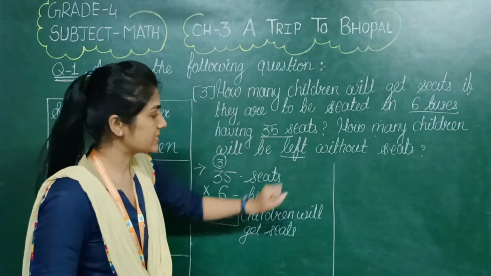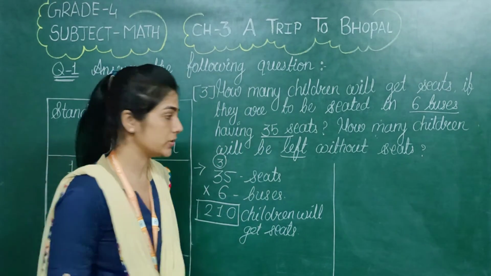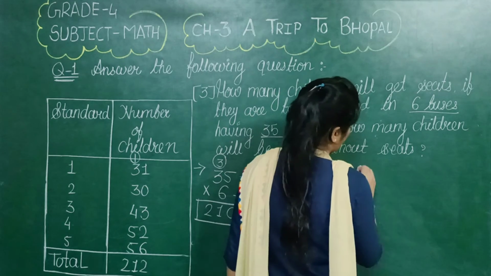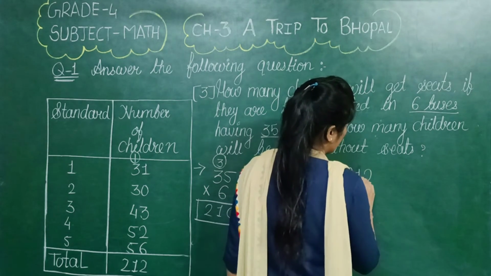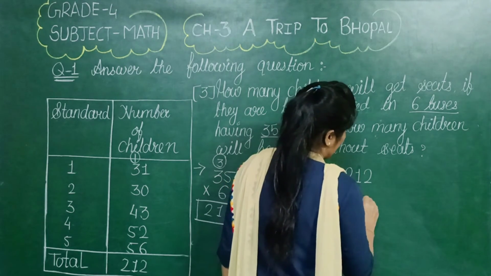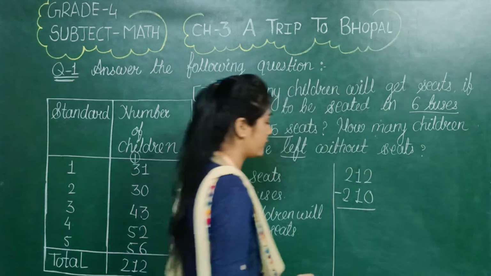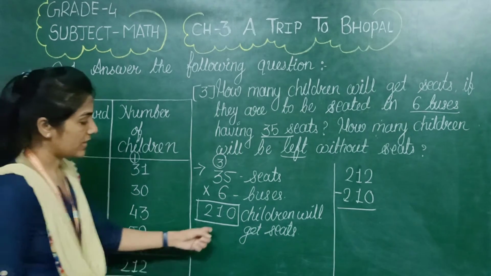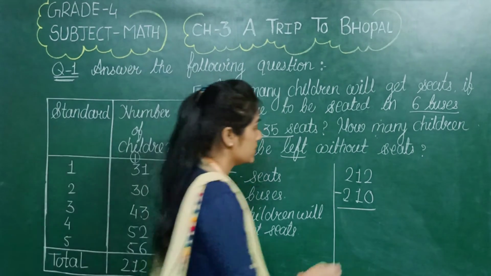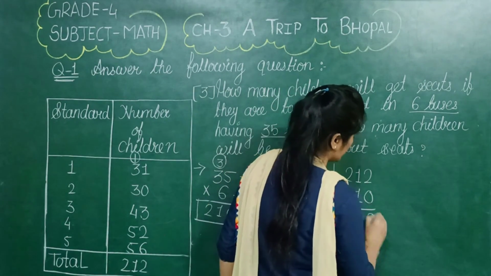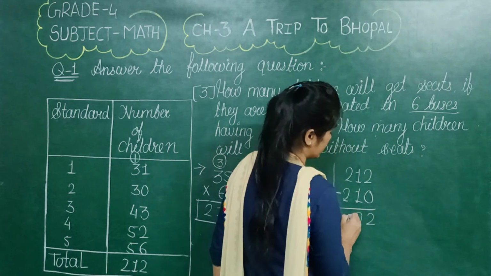So the word left is given, so we can do the subtraction here. From the total number of children, that is 212, we are subtracting this 210. So 2 minus 0, that is 2, 1 minus 1, 0, 2 minus 2, 0.